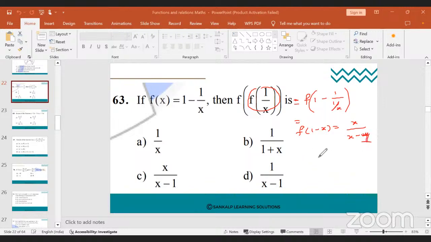Sorry. So the function will give the answer as x upon x minus 1. So x upon x minus 1 is option C, not D. Option C is the correct answer.